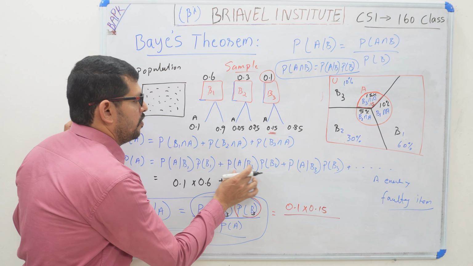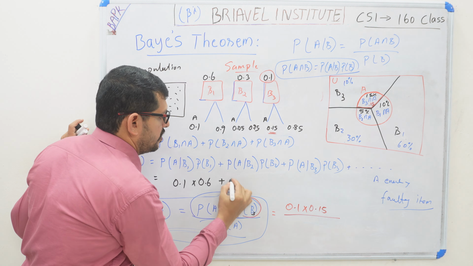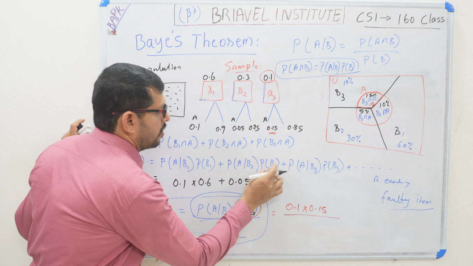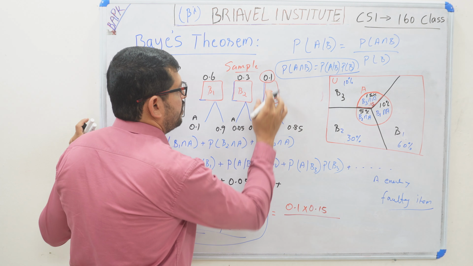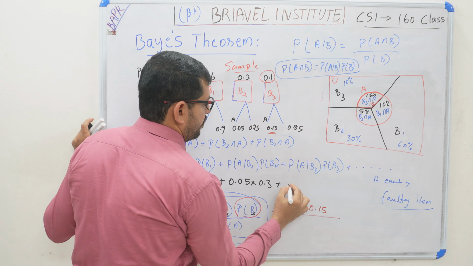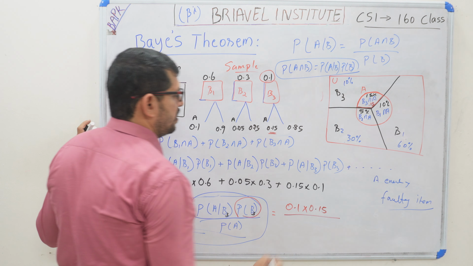Plus probability of A given B2: B2 is 0.05, multiplying with the probability of B2, 0.3. Plus A given B3, which is 0.15, multiplying with the probability of selecting B3, which is 0.1.